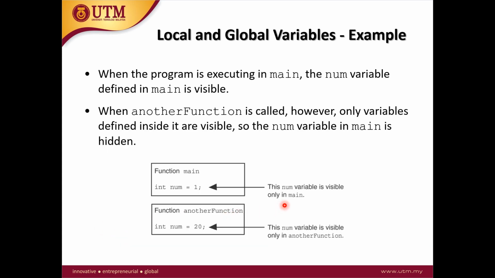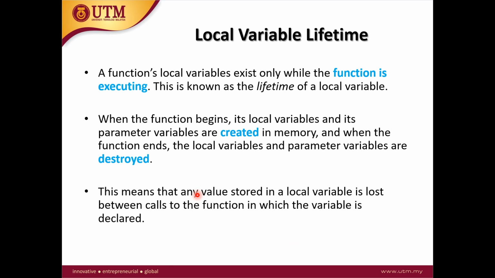This variable is visible only inside this function, while that one is visible only inside its own function. But there is another type of variable called the global variable. First, let's talk a bit more about local variables.